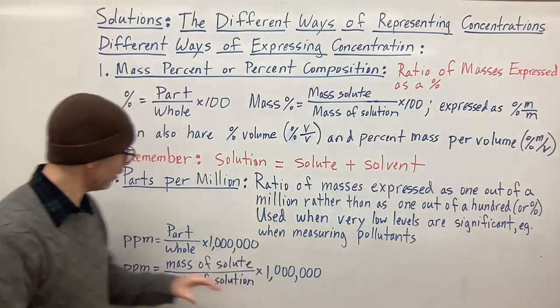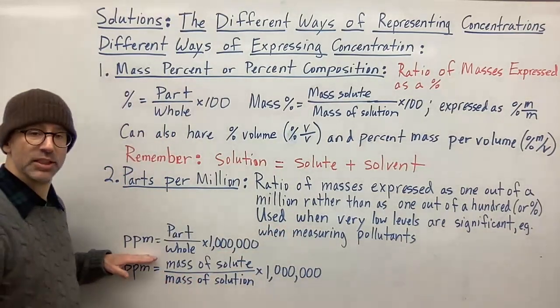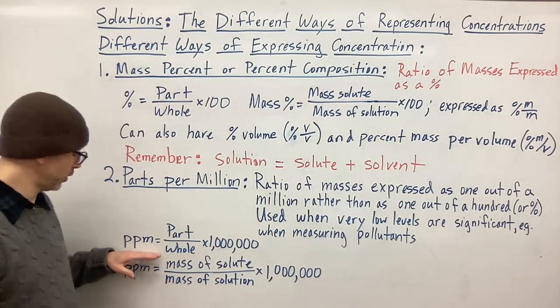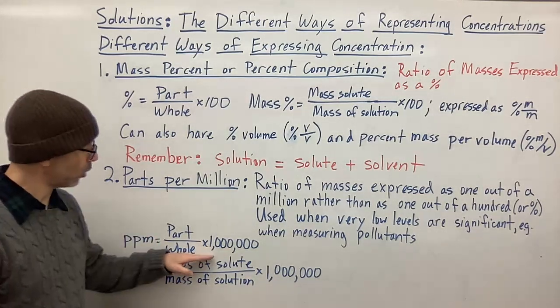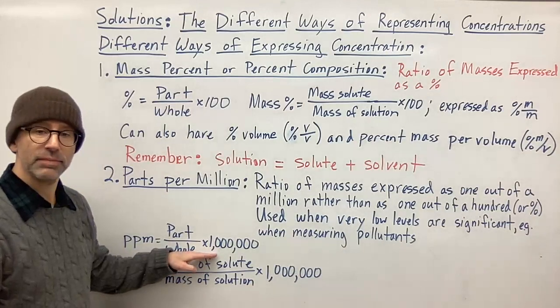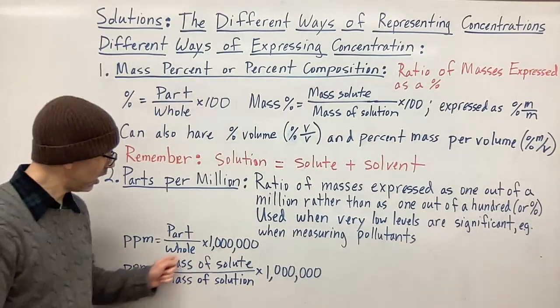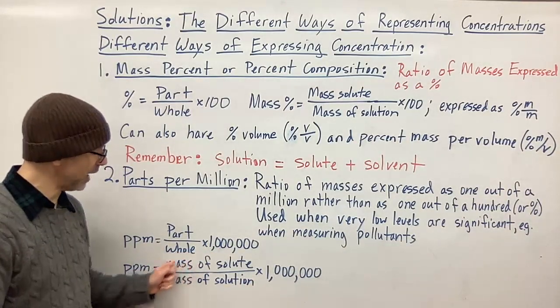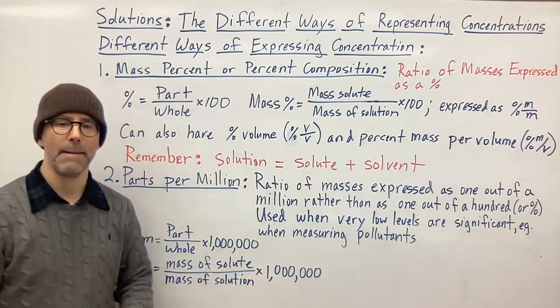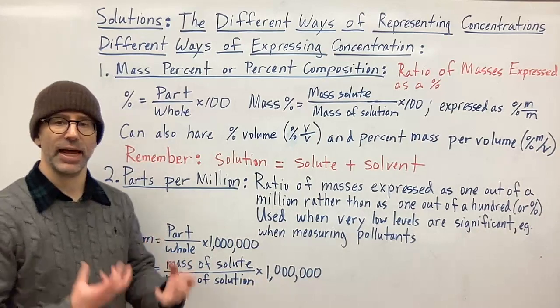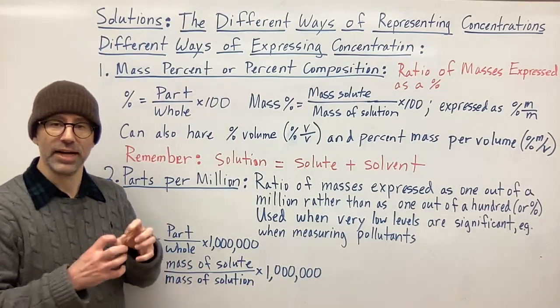So to calculate the ppm, which is your abbreviation for parts per million, ppm is the part divided by the whole multiplied by a million. And so in this case, you're looking at mass. So we take the mass of the solute divided by the mass of the solution, and then multiply that by a million to get a nice number.